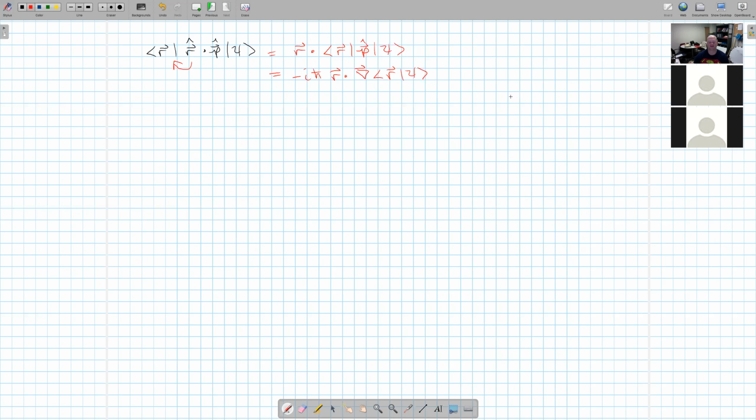So this was one of our generalizations from earlier. But the r vector dotted with the gradient operator basically is only going to pick out the portion which points in the r direction, which means this is the same thing then as minus IH bar r times the partial with respect to r of then r psi.